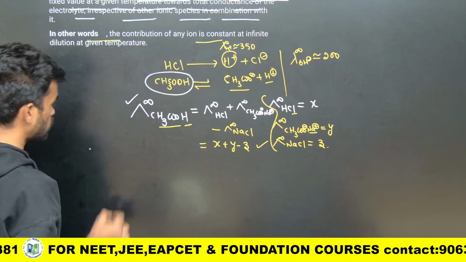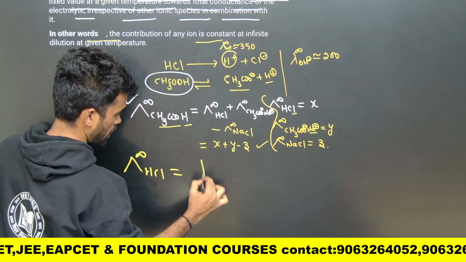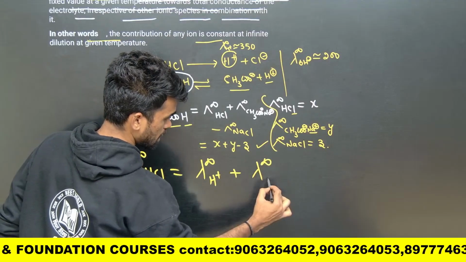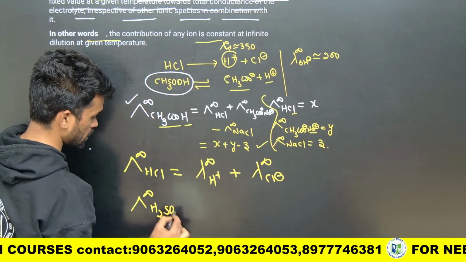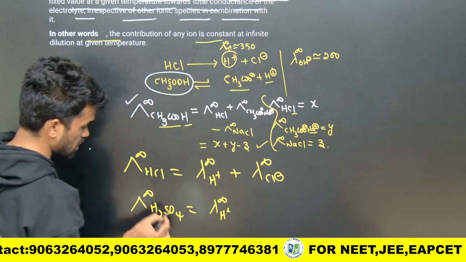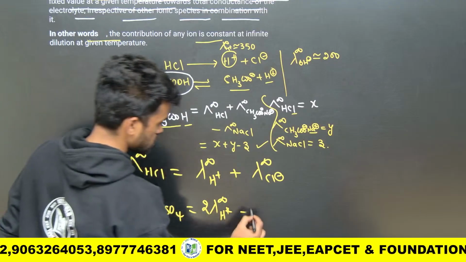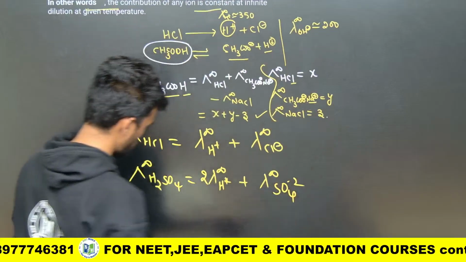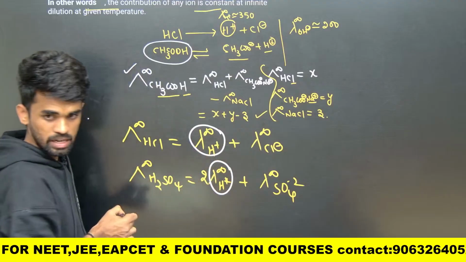Now what I told you, limiting molar conductivity of HCl is the ionic conductivity of H plus and Cl minus, and for H2SO4 I am writing here. If it is molar conductance, how many H plus ions is it giving? 2. So 2 H plus ions you should write, plus sulfate ion. So these ionic conductivity values will be fixed at a particular temperature.